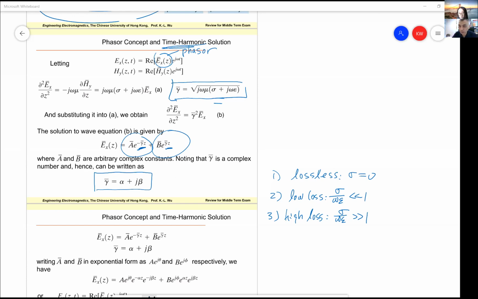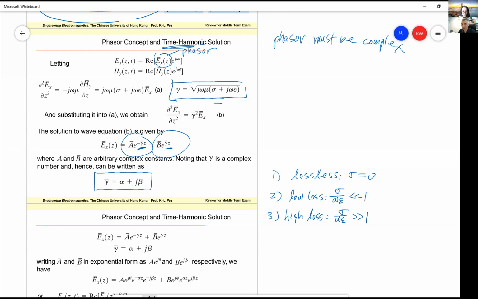Okay, I just resumed my recording. Let's continue the review of phasor, right? So phasor must be a complex number, because we need to involve all the phase information of a wave.